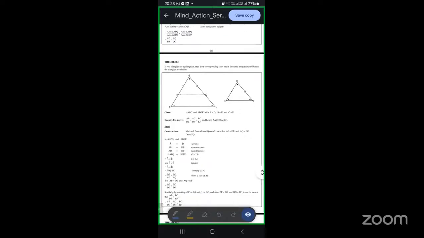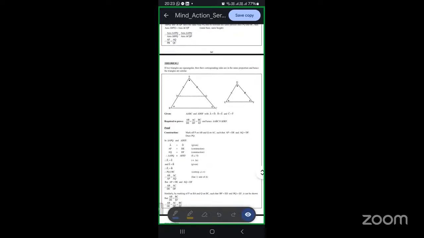Let's proceed to this theorem here. Theorem 2, the similarity one, says that if two triangles are equiangular, and now we know what the term equiangular means, then their corresponding sides are in the same proportions, and hence those triangles are similar.